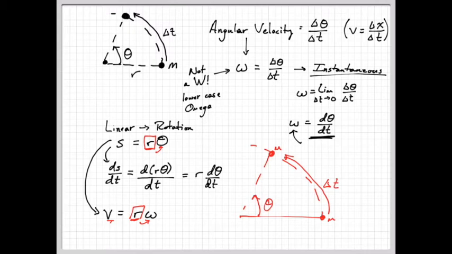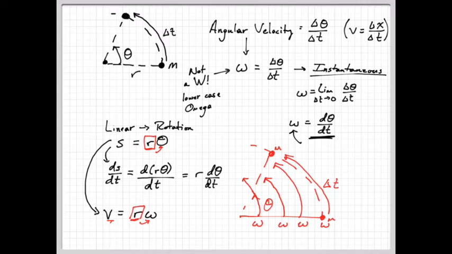No matter where you are in terms of radius, you could be close to the center, at that first line segment where theta is labeled, or a little bit further out, or even further out. Each one of those is the same angular displacement. You've gone through the same angle. That means you would have the same angular velocity at any one of these points.